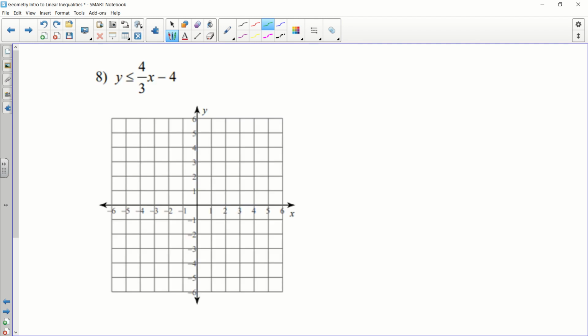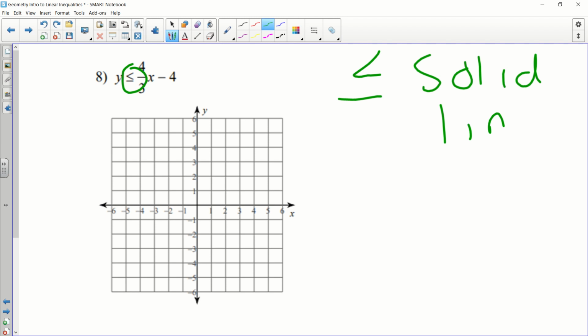The first one, we're looking at the inequality y is less than or equal to 4/3 x minus 4. The first thing I want to look at is this less than or equal to symbol. Because it's or equal to, I'm going to have a solid line. And I'm going to graph these just as I would graph any equation. My y-intercept is at -4. The 4/3 gives my directions to get to the next point.